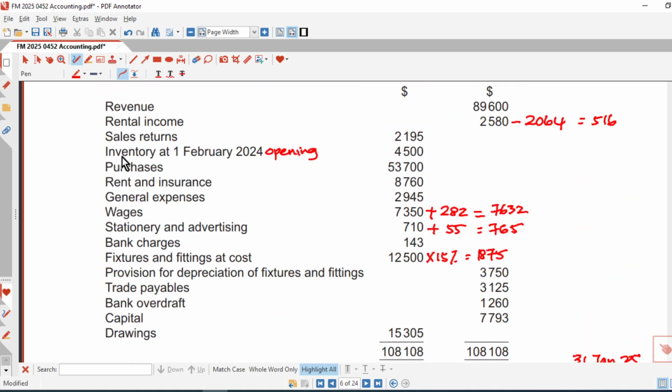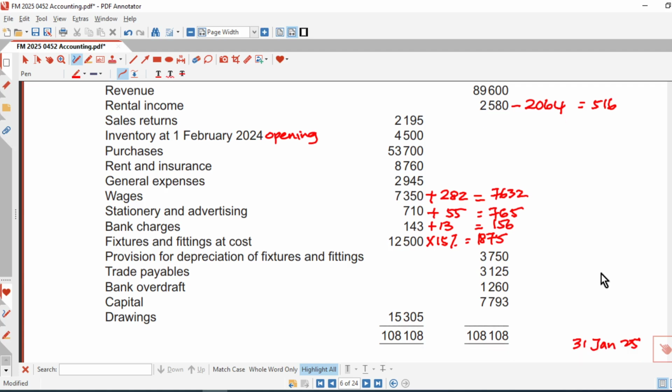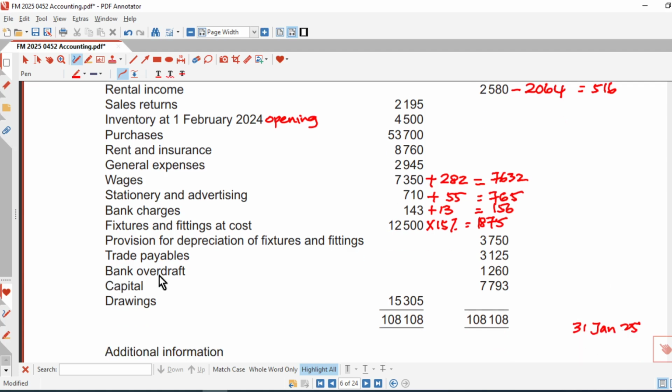Do I see my bank? Yes, I do have my bank charges. I'm going to add $13 there. So that becomes 156. And at the same time, I'm going to adjust the bank overdraft. So we're going to add $13 to the overdraft right here.